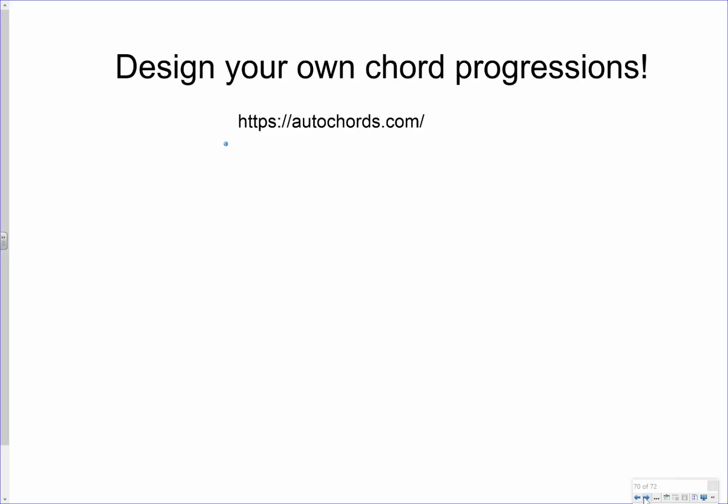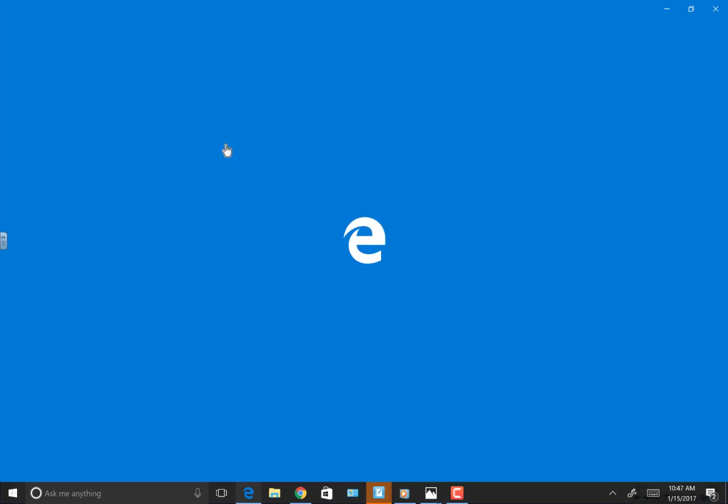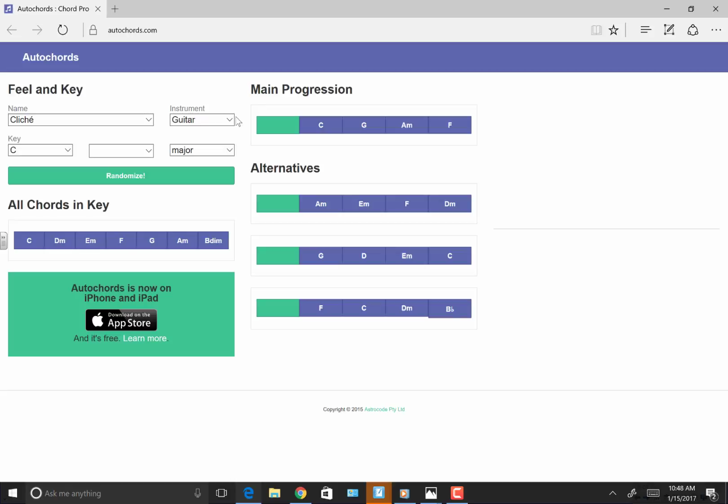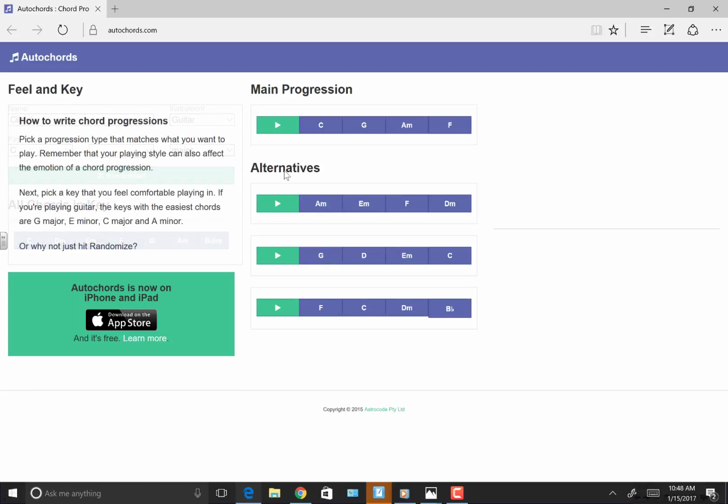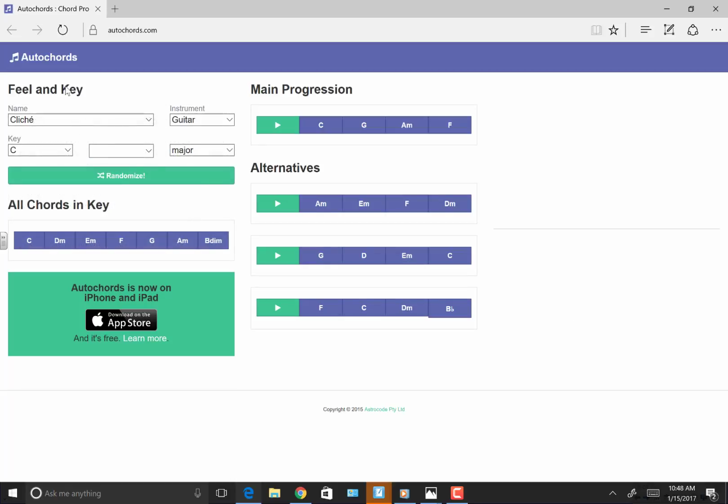Moving right along, you can design your own chord progressions. This is a great website I found called AutoChords.com. So if we click on this, we can see that it tells you how to write chord progressions.